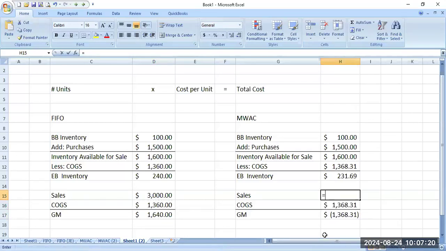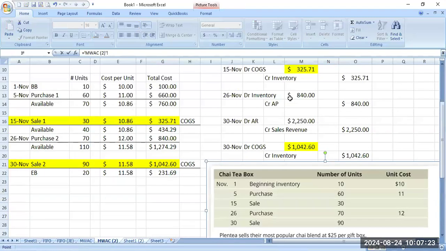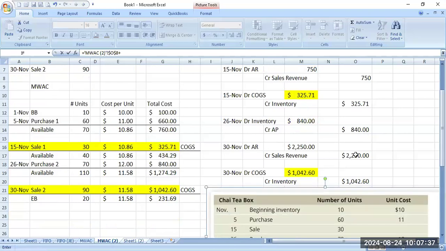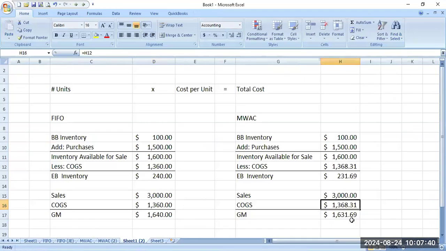On the other system, our sales will be exactly the same, because again, we're selling 30 units first, then another 90 units later at $25 each. So we're going to have 750 here plus 2,250 here. That's going to be $3,000. As you can see, our gross margin under the first in first out is higher than the gross margin under the moving weighted average.